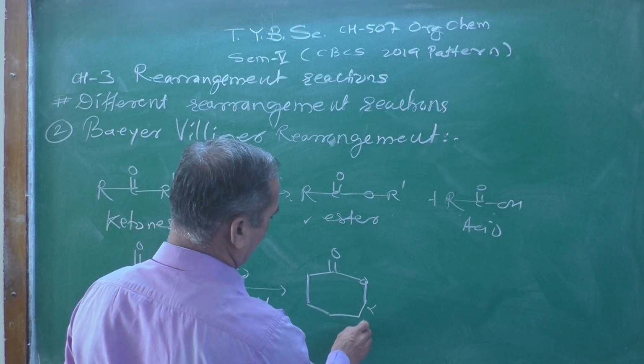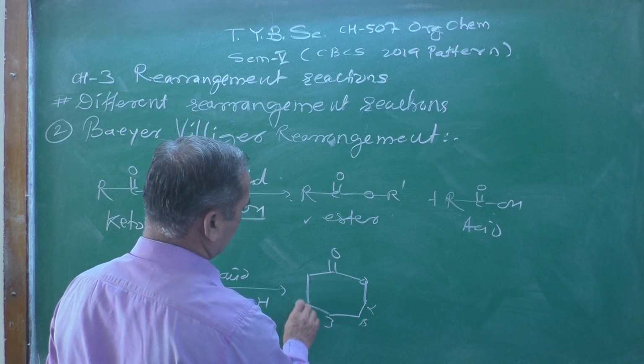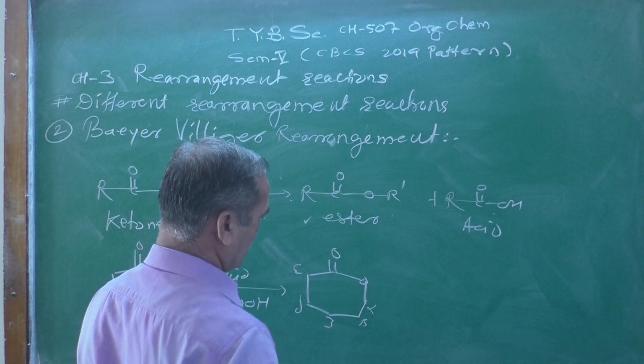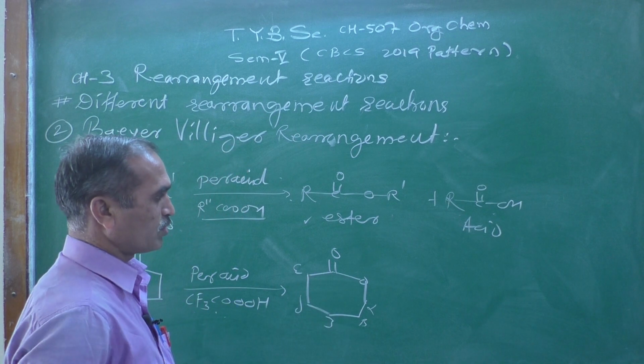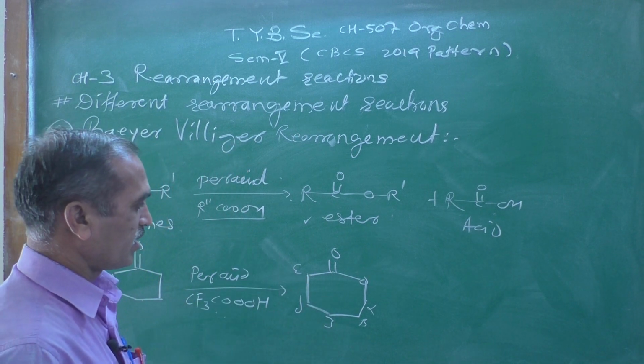It may be labelled alpha, beta, gamma, delta and epsilon. Epsilon-caprolactone we are getting here.